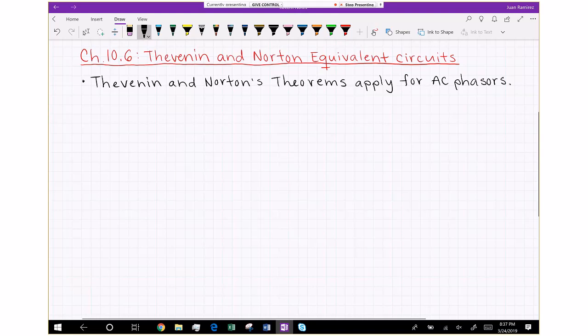The difference is that now you have a complex number instead of all real numbers.